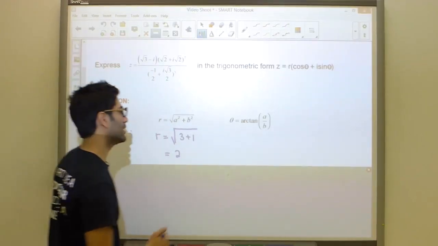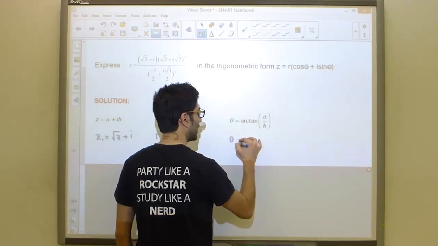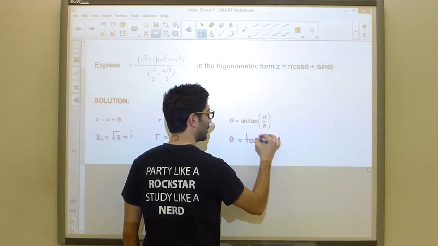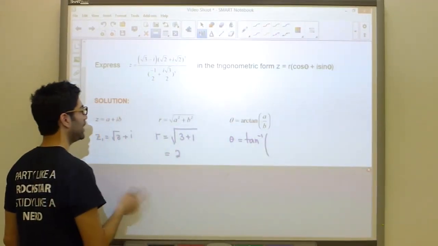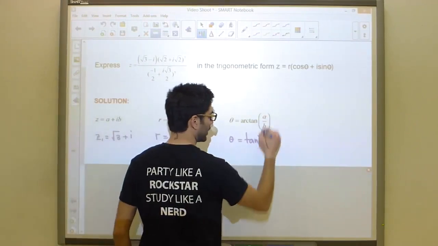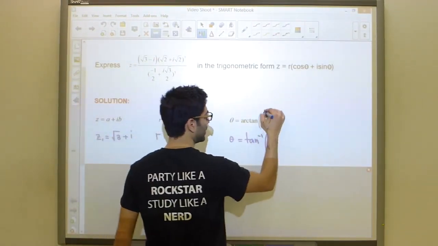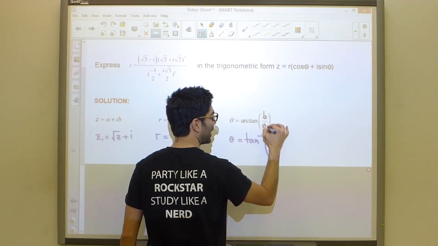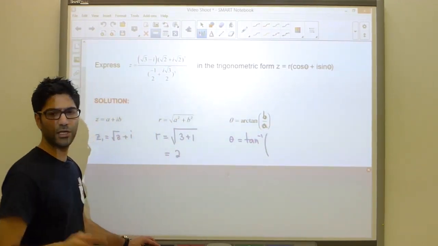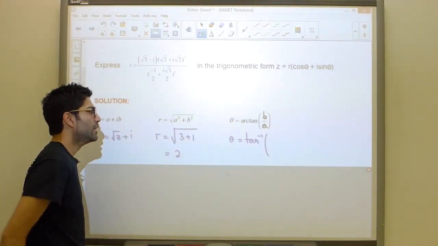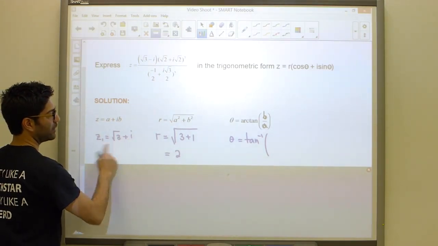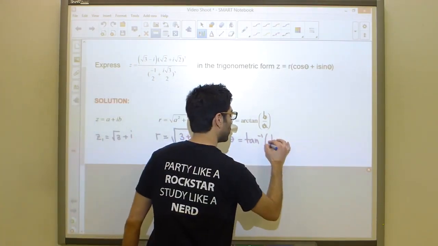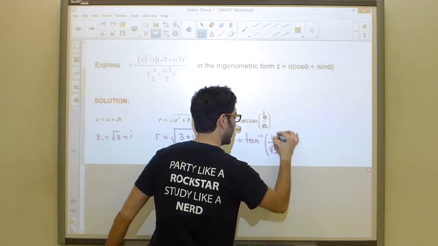Similarly, we can calculate the angle theta by taking the arctan. Now, this is another way of writing arctan of b over a. So this formula is not typed in correctly. Understand it is b divided by a and not a divided by b. It should be right in your notes though. So b is 1, the number in front of i, divided by root 3. So 1 divided by root 3.